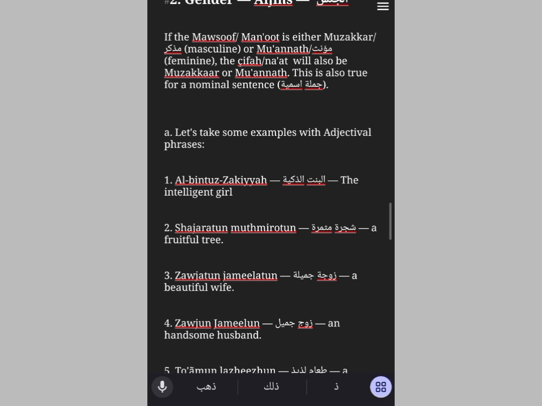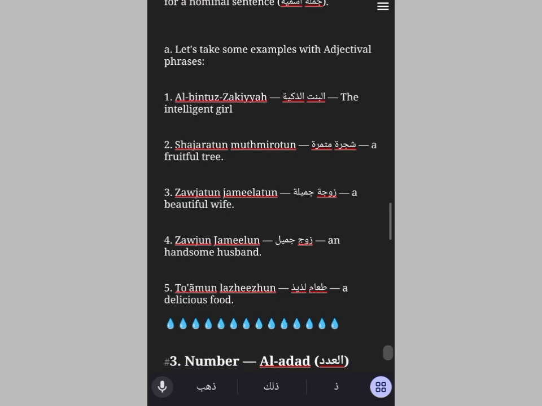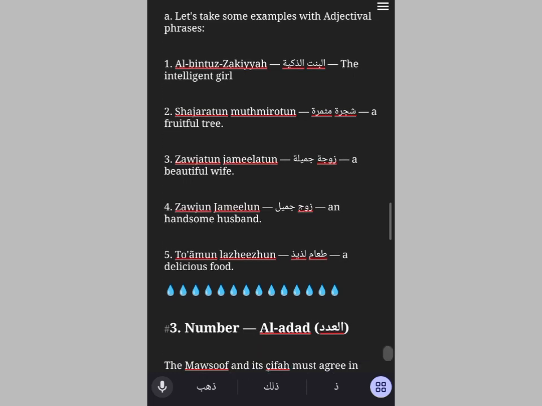A fruitful tree. Shajaratun muthmira. Shajara is feminine, so you say muthmira. Zawjatun jamila is also feminine, a beautiful wife. And for masculine, zawjun jamilun, a handsome husband. Alright. Then number 5, ta'amun ladhi, a delicious food.